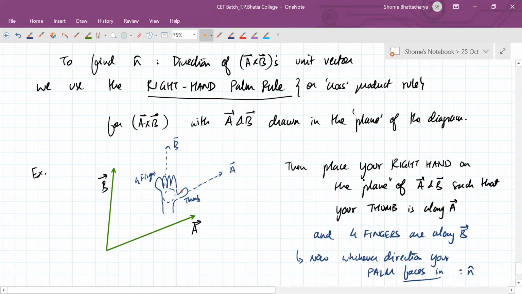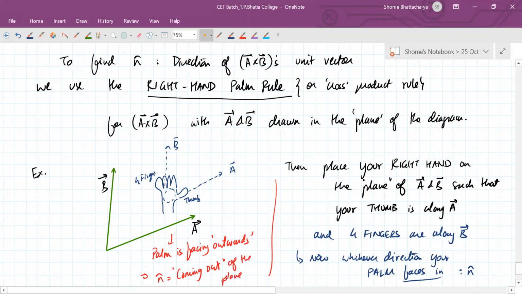You will realize your palm is facing towards you. So in this example, the palm is facing outwards. Okay, so that means n cap is coming out of the plane, is coming out perpendicularly instead of going in.